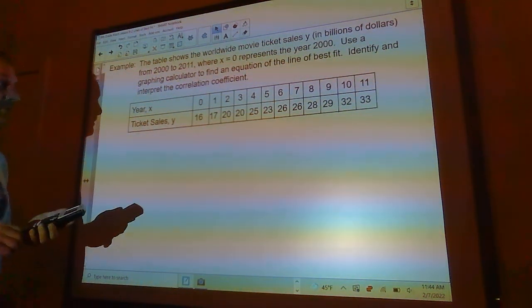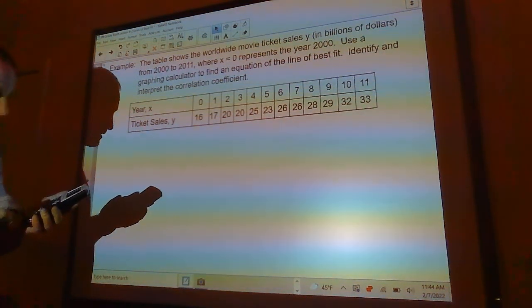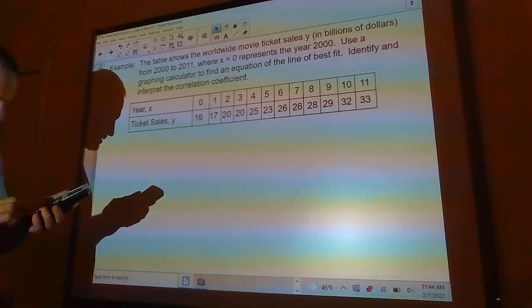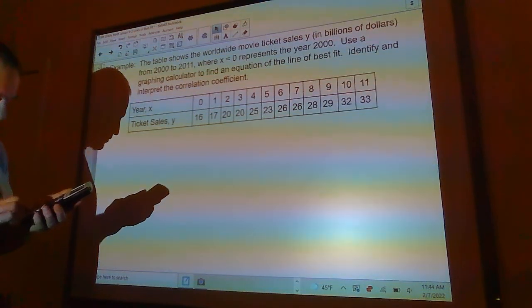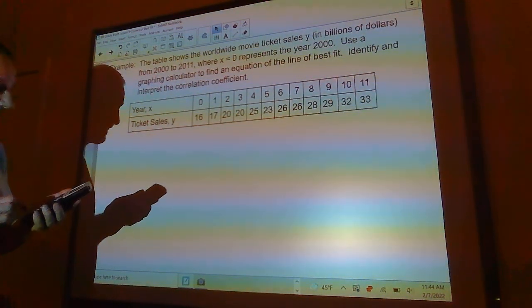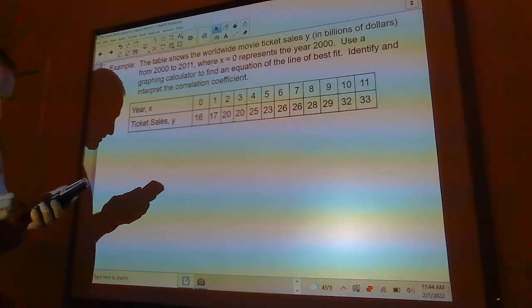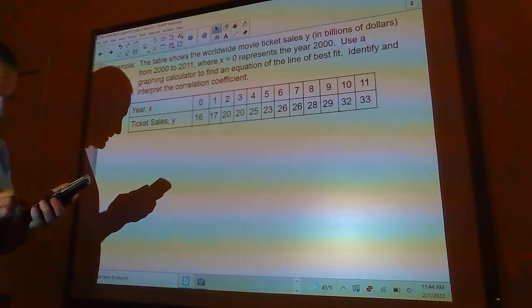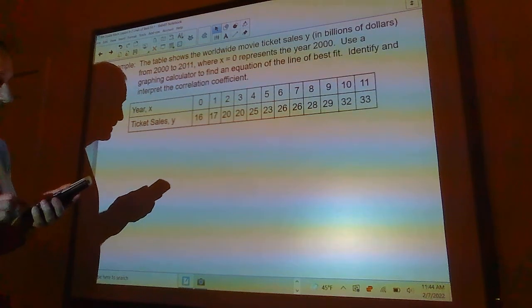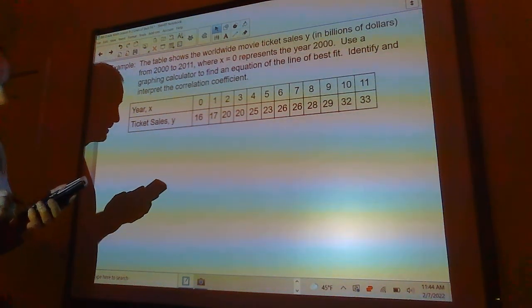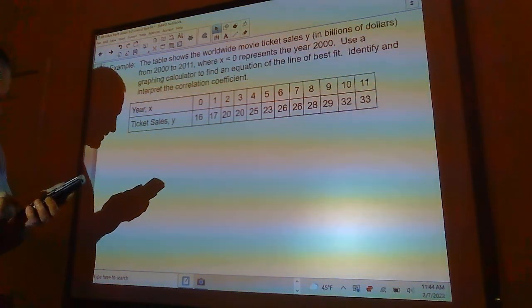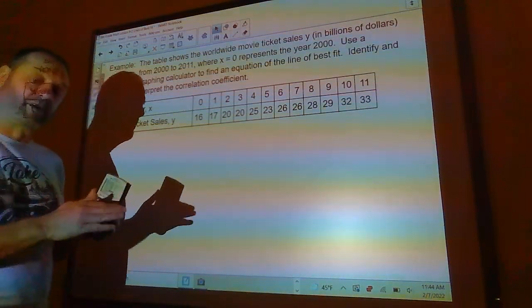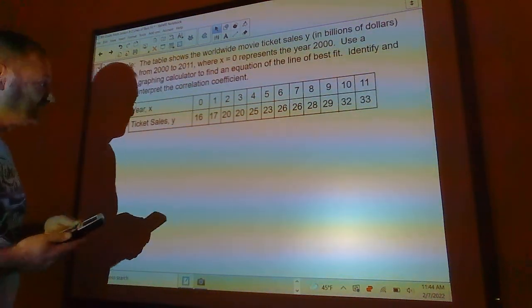I'm in L2, and I enter 16, 17, 20, 20, 25, 23, 26, 26, 28, 29, 32, and 33. Make sure that both lists are level so that you've got the same amount of data in.